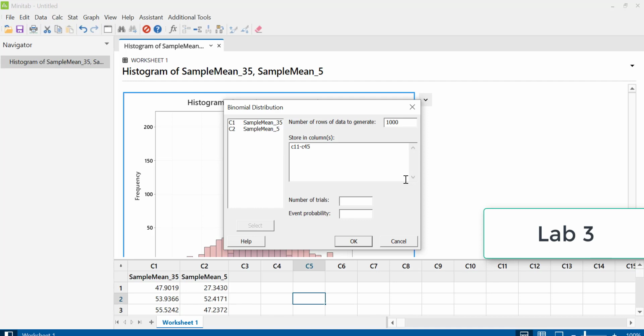So number of trials, event probability 0.05. Oh, I didn't mention the number of trials. For example, number of trials is 100.